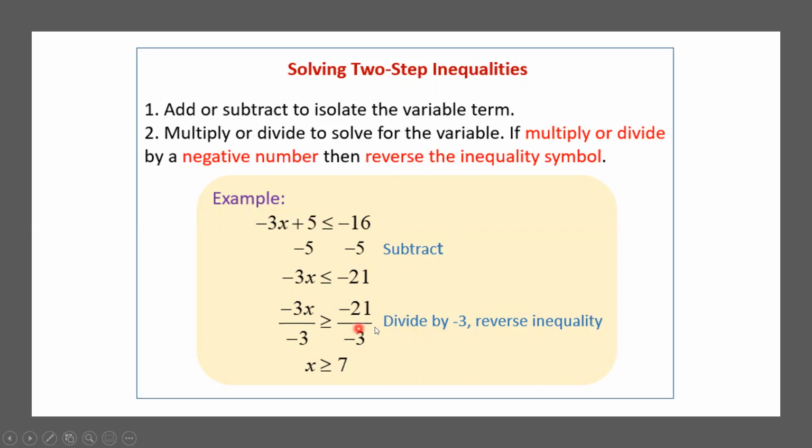We're simplifying it. Then x is going to be positive, so I'm going to change the sign. It was less than or equal, but now it is greater than or equal to 7, because when we divide, guys, x is going to be positive. So when x becomes positive, obviously we have to change the sign. Okay.